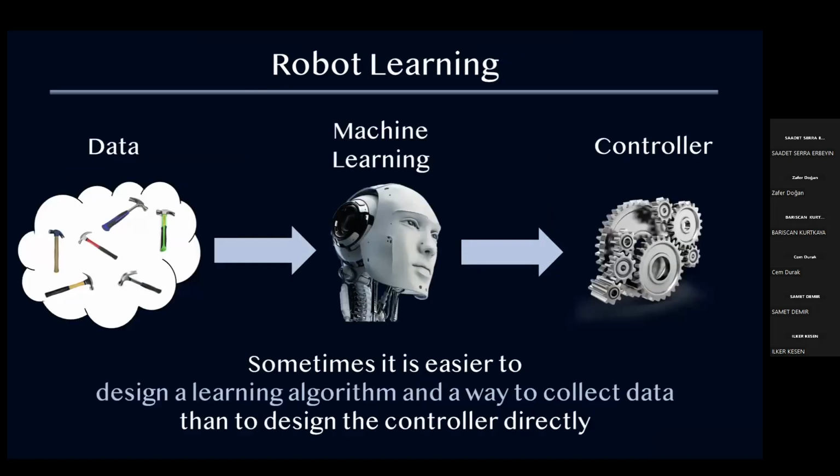Robot learning itself tries to get this robot to learn how to predict actions from the observations. What we're going to do is provide the robot with a load of data. Here, let's say a load of different hammers and a load of different trajectories that those hammers take. We're going to do some machine learning, and then this will give us a controller. The idea is that sometimes it's easier to design a learning algorithm and a way to collect data than to design the controller directly.